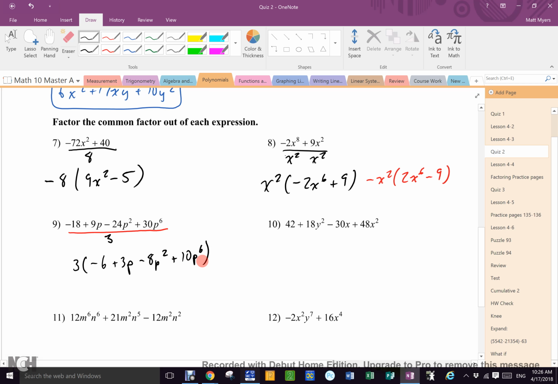Done. In a perfect world, would we change this order? Yeah, what would go to the front? The 10p to the 6th, because it's the highest degree. Do I care? No. Everybody cool? Number 10's the exact same, isn't it?